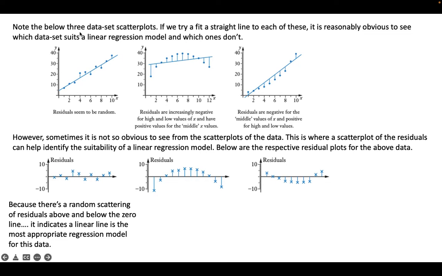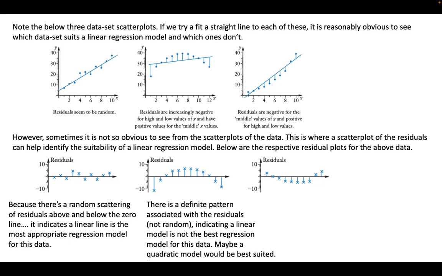For the second one, you can see here that there's definitely a distinct pattern of our residuals starting from below, going up, and then back down again. So you can see a pattern there. Now when you see a pattern in your residuals, it tends to indicate to you that a linear regression model is probably not the most suitable model. It's probably a quadratic, as we said, but definitely a linear model is not suitable.